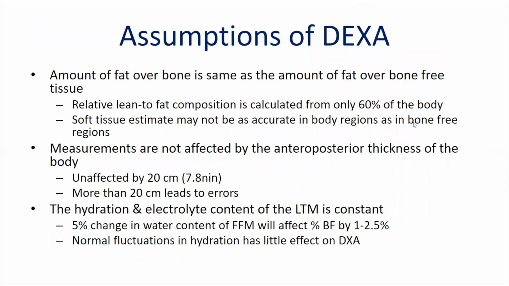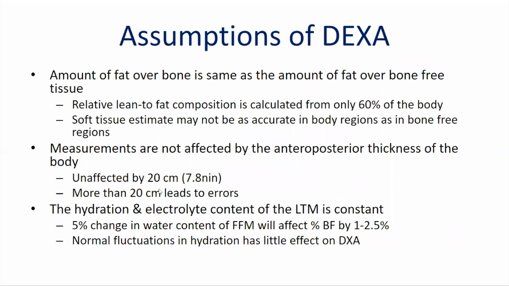DEXA also has a lot of assumptions, one being that the amount of fat over bone is going to be the same as the amount of fat over bone-free tissue. Also, it has the assumption that the anterior-posterior depth of the person's limb or body part that is going to be measured is no more than 20 centimeters.